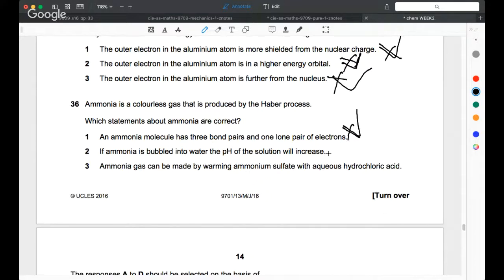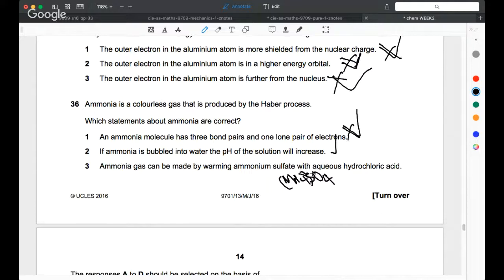Ammonia is a base, so it will increase the pH. Ammonia can be made by warming ammonium sulfate with a base. Oh no, wait. Ammonium sulfate.